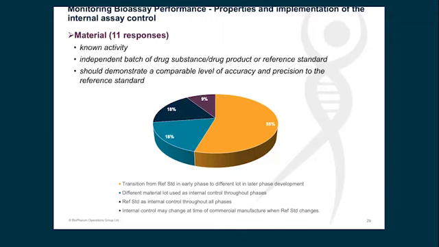And the results from a survey performed within the Bioassay BioPhorum group showed that 55% of respondents transitioned from using the reference standard independently prepared as an interassay control, or IAC, in early phase to a different lot in later phase development, with 18% using a different material lot as an interassay control throughout phases and 18% using the reference standard as an interassay control throughout all phases, with 9% changing the IAC at the time of commercial manufacture, aligned with the reference standard change.